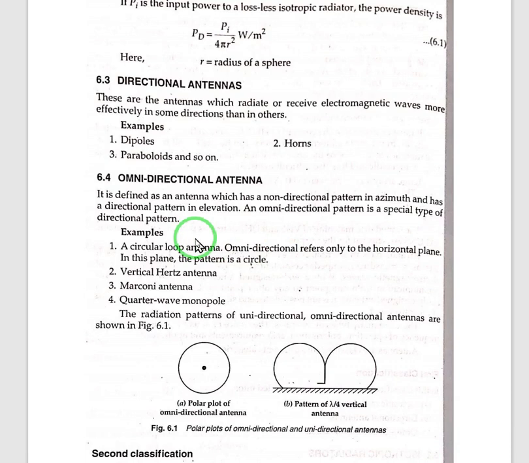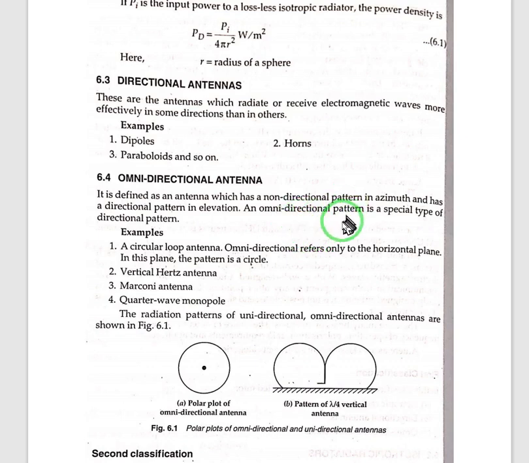Omnidirectional antenna is defined as the non-directional radiation pattern antenna in which a non-directional pattern is observed in azimuth angle and a directional pattern exists in elevation. That means omnidirectional antenna can give you a non-directional pattern in azimuth angle and a directional pattern in elevation angle. It has a special type of directional pattern.